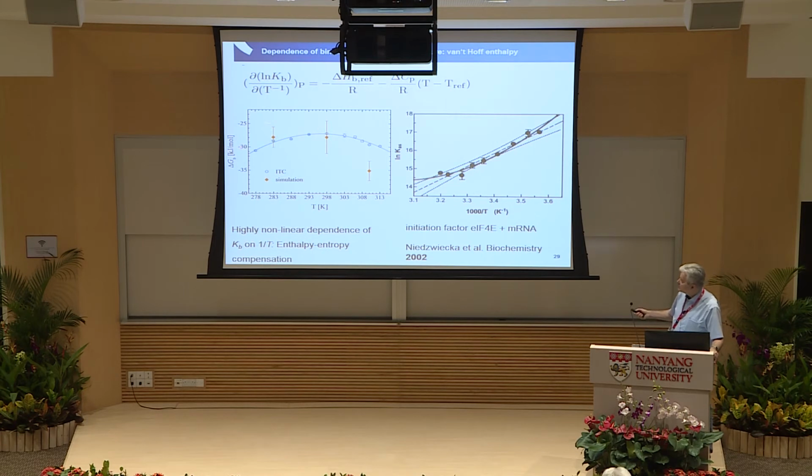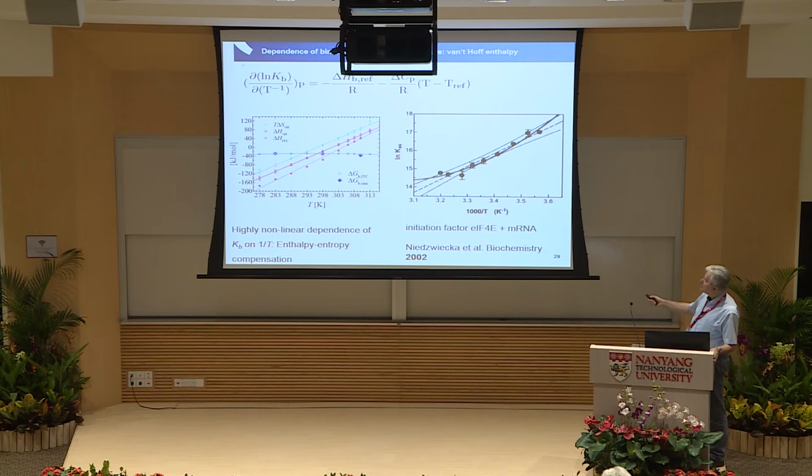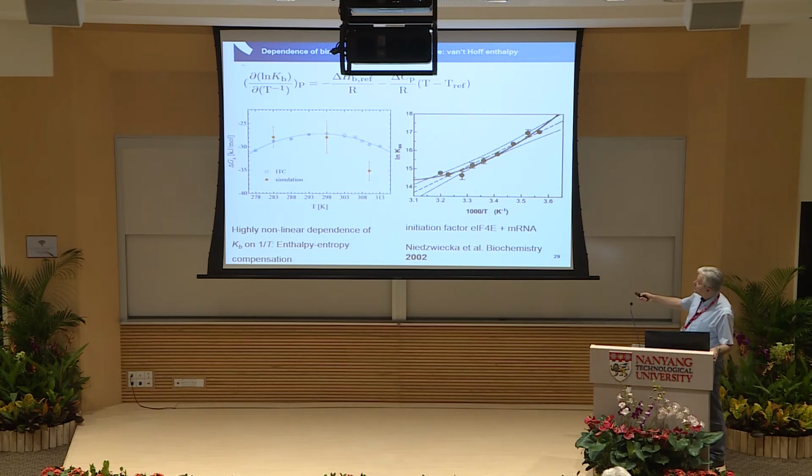So it's a huge and very strong dependence seen in many systems, I should say, which are governed by hydration. So again I show you the delta G. The same thing is for a complicated protein factor interacting with RNA from this biochemical group. And so if you then, of course, use this equation, so maybe I go back, the normal van 't Hoff equation, which stops right here, would not give a correct description.